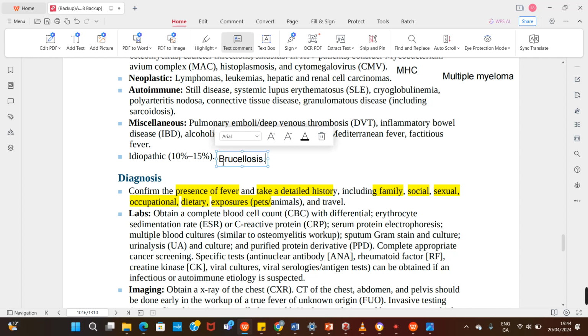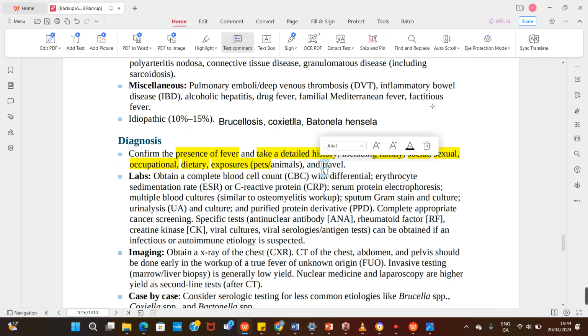Brucellosis, Coxiella burnetii, Bartonella henselae. They are very common causes of fever of unknown origin. So you want to get a history of exposure to cats and animals. Then travel history. You travel to Ohio, Mississippi, get exposed to histoplasmosis and the likes, right?